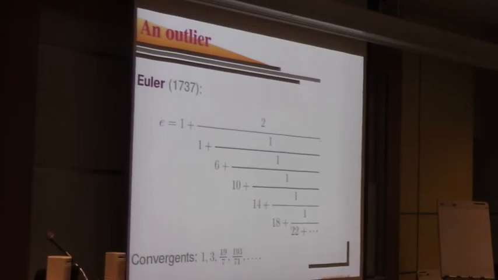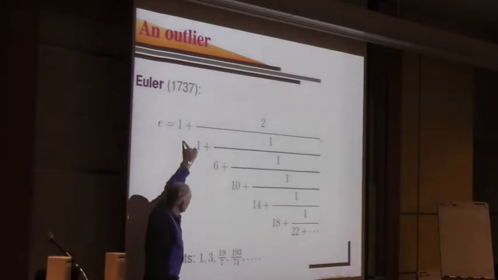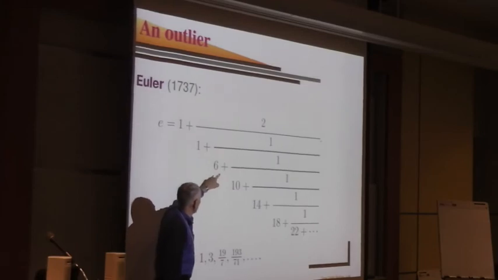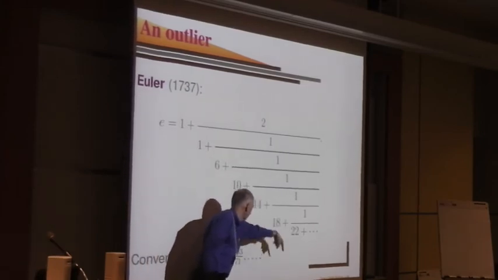Oh, let me just mention one outlier. There are some results that just seem really strange and not related to anything else. So Euler in 1737 found this continued fraction expansion of e. I think once it gets started, these numbers just increase by 4.